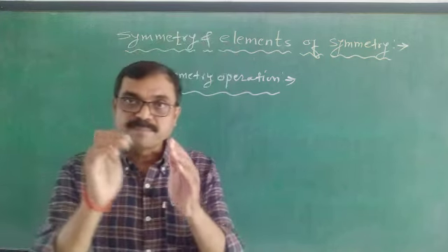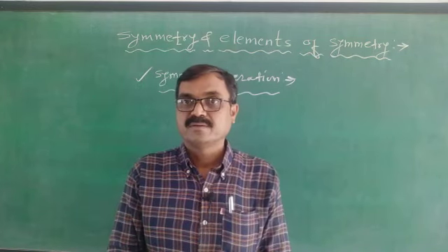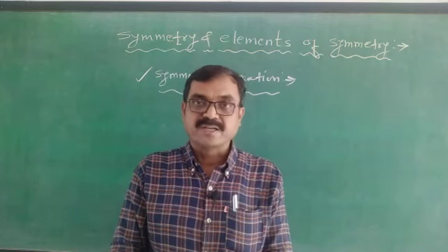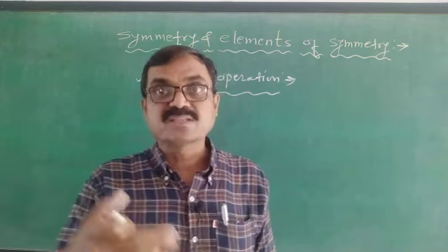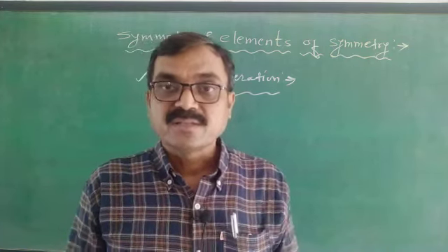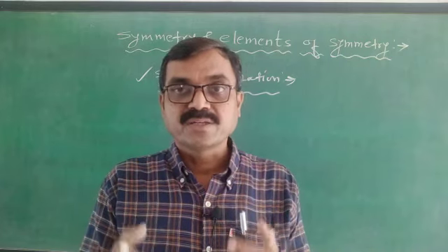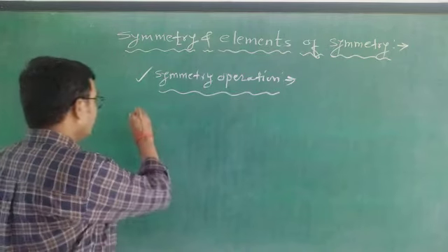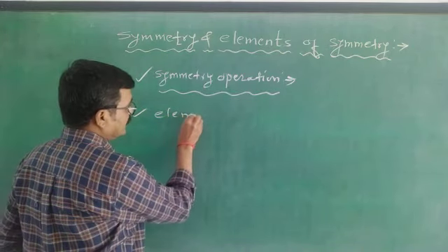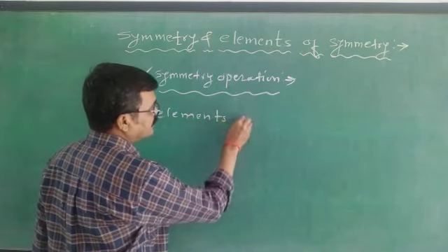With respect to some particular aspects like point, plane, axis, with respect to which the symmetry is studied, such aspects in crystallography are known as the elements of symmetry. What is it called? Elements of symmetry.